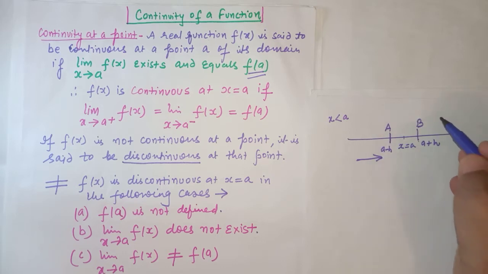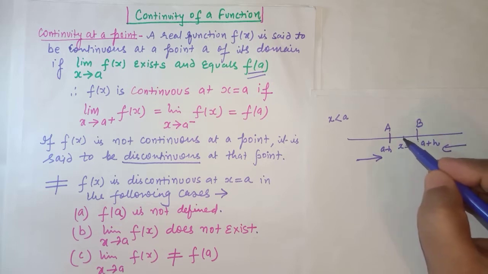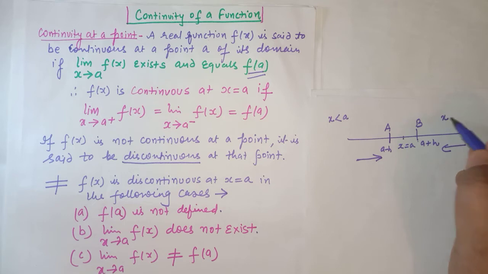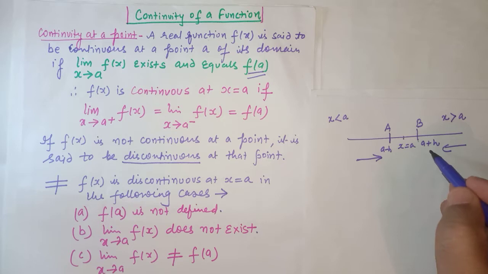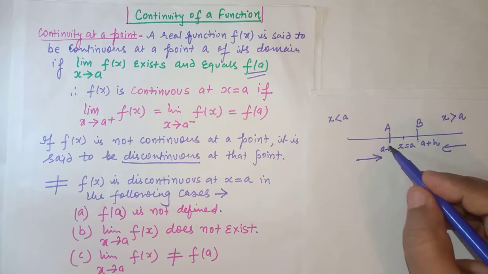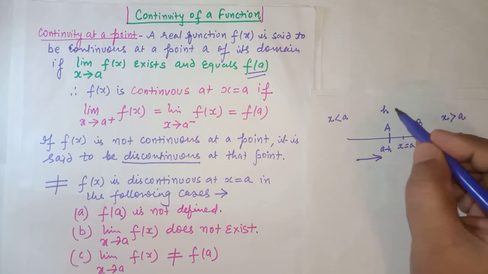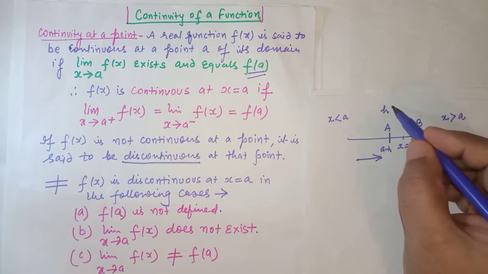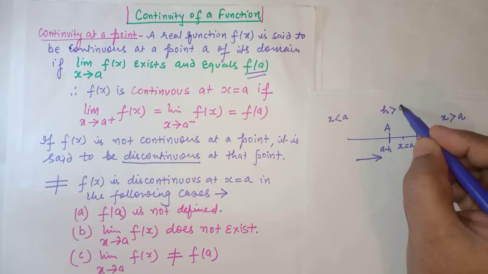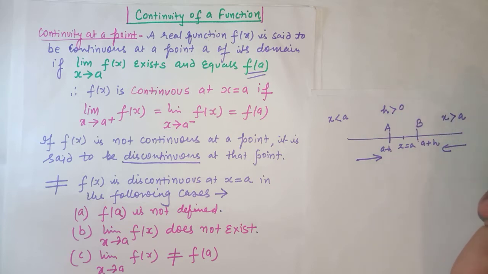Similarly, if we approach from the right towards a, that is, all values of x which are greater than a, then we calculate the right hand limit. Here h is a positive quantity and it is very small, but h is greater than 0.